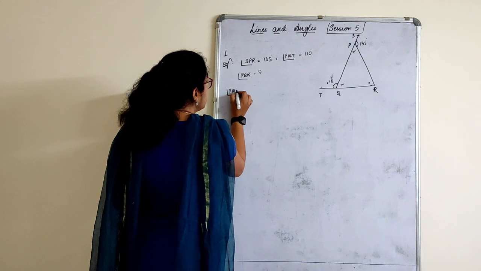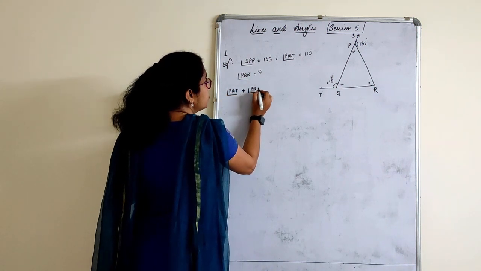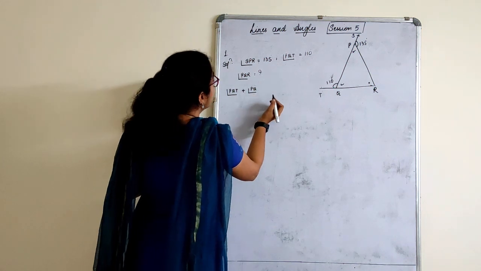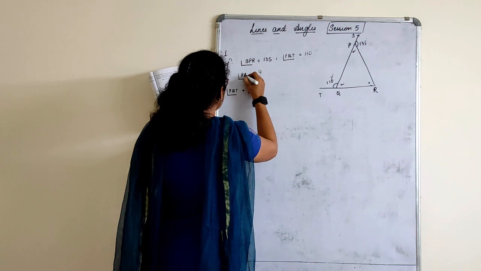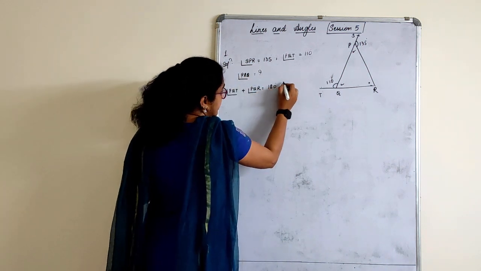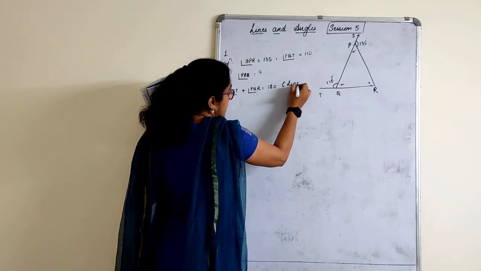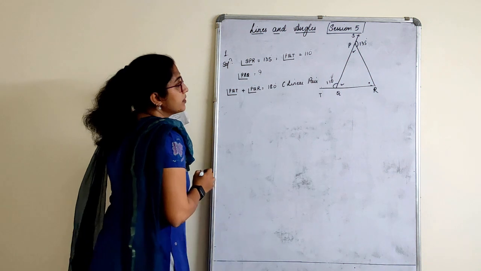Angle PQT plus angle PQR. I have written PRQ, that's what I was wondering. Angle PQT plus angle PQR is equal to 180. Reason? Linear pair. Okay.